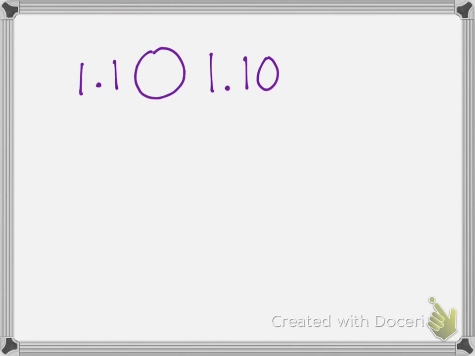All right, here's another one. 1 and 1/10 is greater than, less than, or equal to 1 and 10 hundredths. So we look at both of the ones, and they're exactly the same. Then we go into the tenths. Notice it's exactly the same. The only thing that's different is this one has a 0 and this one doesn't. But they still are equal because this becomes 1 and 1/10.